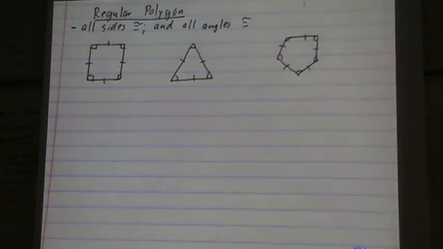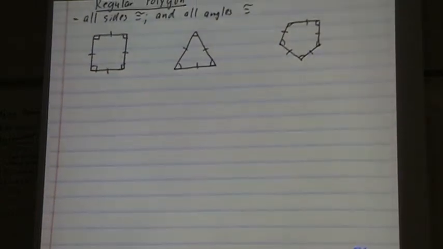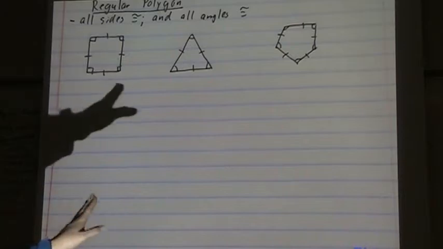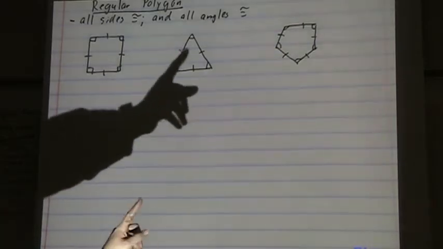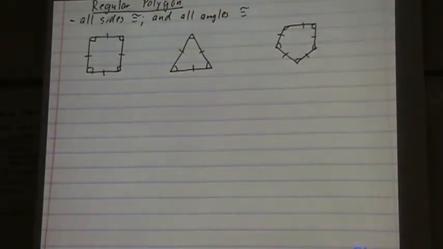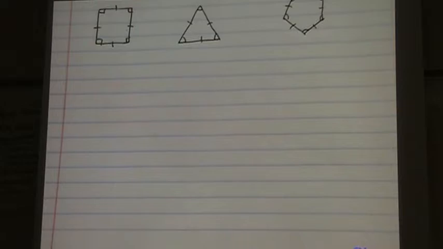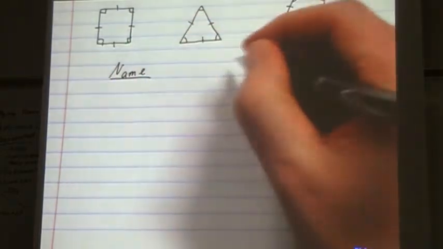Now, I do want to spend some time talking about the different names of polygons. For example, right here we said square, and we know that's a triangle. This guy's a five-sided shape, and that's actually a pentagon. So, we're going to classify some polygons with names and sides.